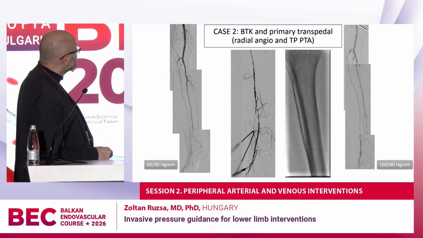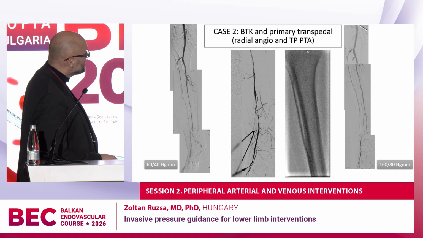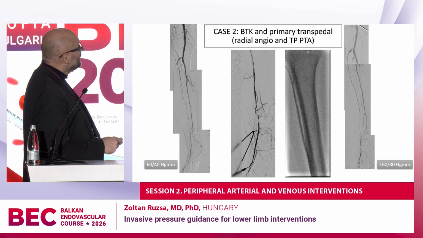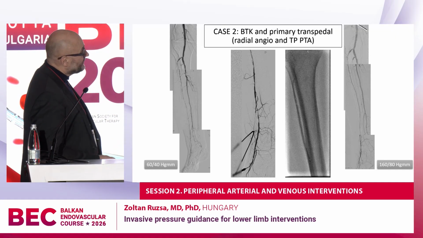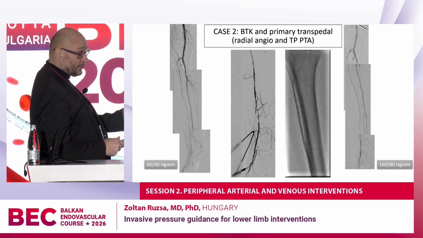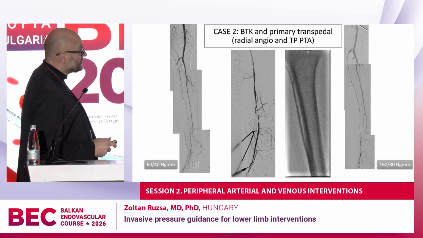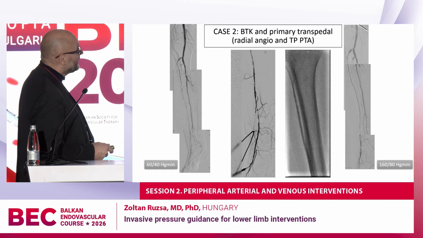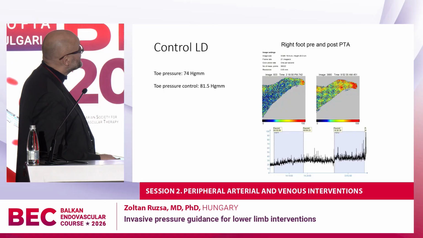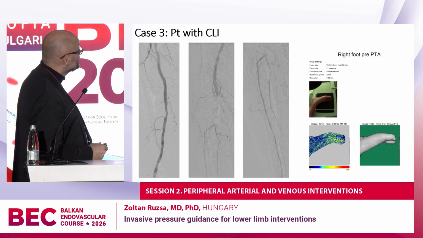This is a patient with a CLI, anterior tibial stenosis. We have done it with just a 3 French Cook sheath, ballooning, and after the intervention we had 160 mmHg. So we could improve the pressure, and the patient healed, had a good healing, and this is the laser Doppler after the intervention.